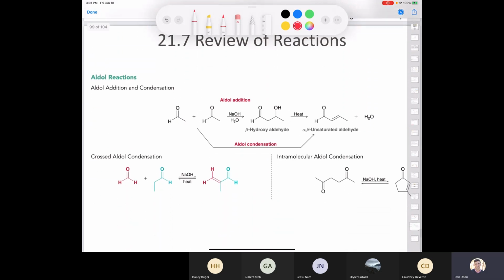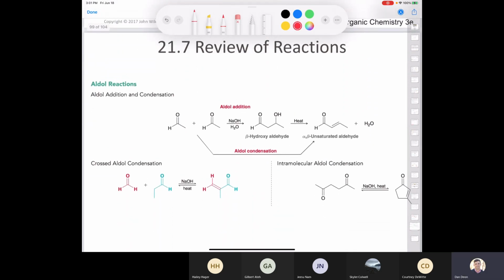So this is the first step, this is the second step, to a carboxylic acid, so haloform reaction. For aldol reactions, remember we learned an aldol addition, which is no heat in sodium hydroxide. That gives you a beta hydroxyaldehyde or a beta hydroxy ketone. Then we talked about aldol condensation. So that's where we make an alpha beta unsaturated aldehyde.